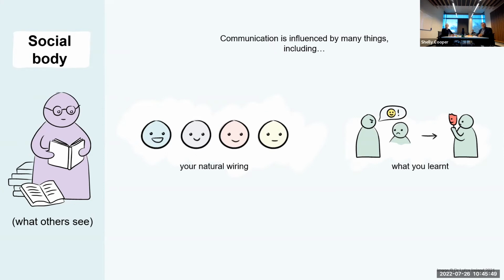But when it comes to neurodistinct people, for everyone, to be fair, communication is influenced by many things, but the two that I picked up for neuroinclusion is people's natural wiring. So autistic people in particular tend to have quite flat facial expressions, which can seem serious, standoffish, bored, aloof, and so on.